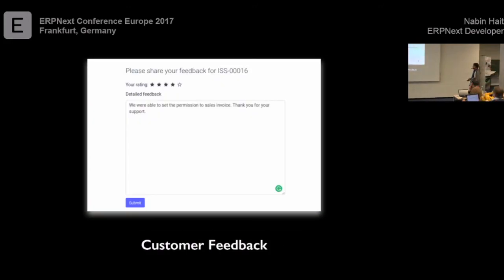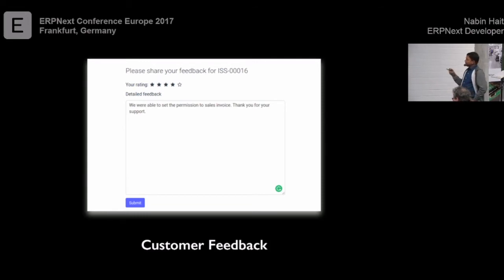So next is customer feedback. Feedback is very important to give customers the best service. So we have implemented it for our own need almost. We integrated it to the issue or support ticket. Whenever we close an issue, it triggers an email to the customer.